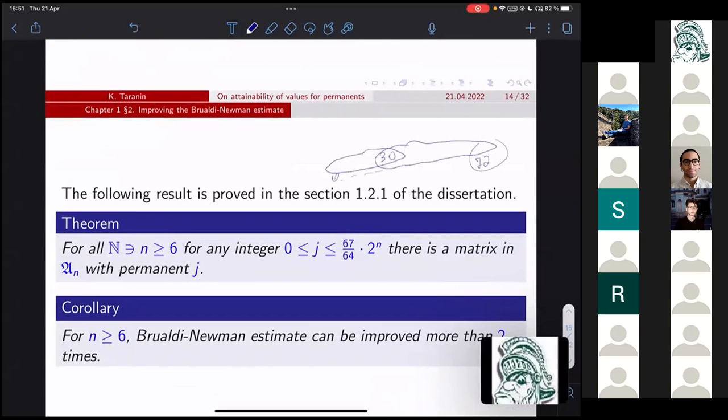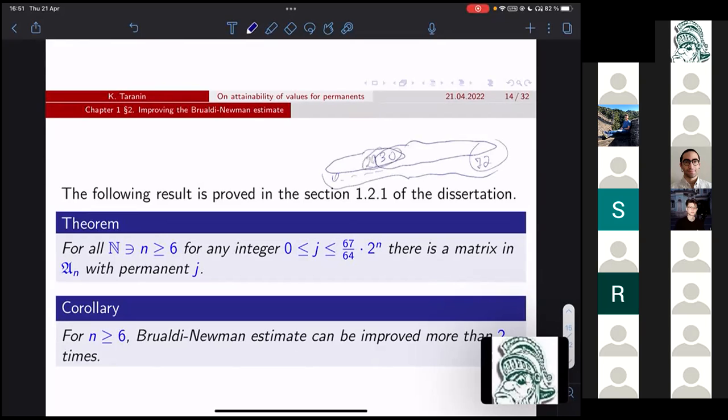So the point is, when we have such chains, they have a property that allows us to multiply the set of values of their permanents by 2, and add all the values that are next to each other, like 29 and 30.